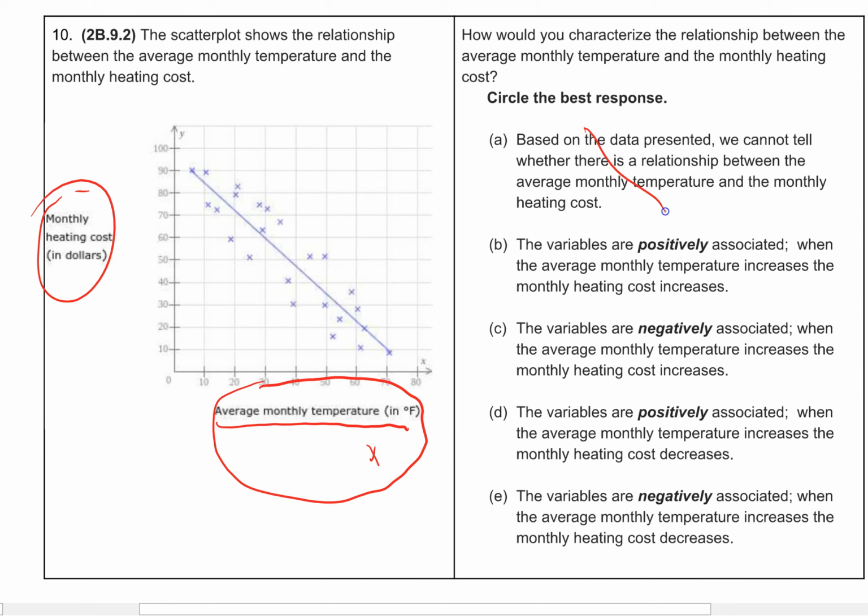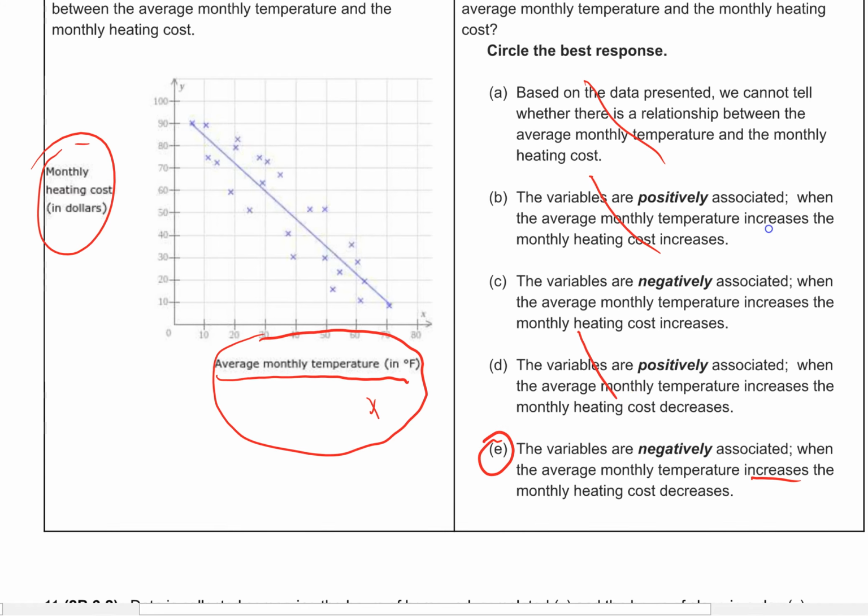It is not going to be A, B, or D. So we know it's either C or E. Looking at this, I hope you can see that E is really what is happening. As X, the average monthly temperature, increases, the Y quantity, the monthly heating cost, decreases.